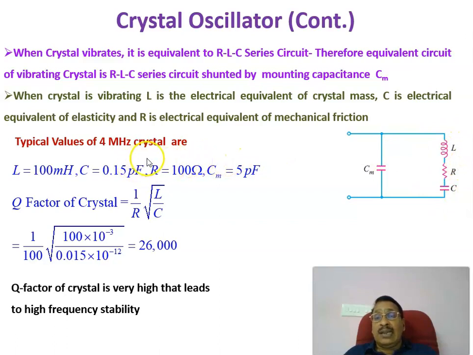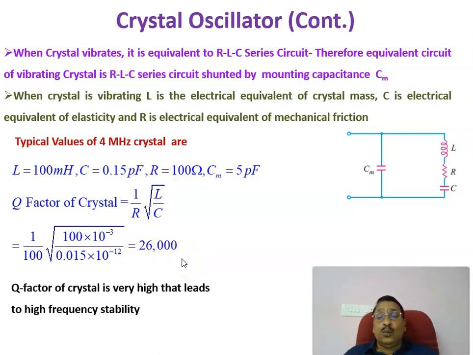The typical values for a 4 megahertz crystal are L equal to 100 millihenry, C equal to 0.15 picofarad, R equal to 100 ohms, and Cm equal to 5 picofarad. In that case, the Q factor is given by 1 by R into root of L by C, which is very large, like 26,000.